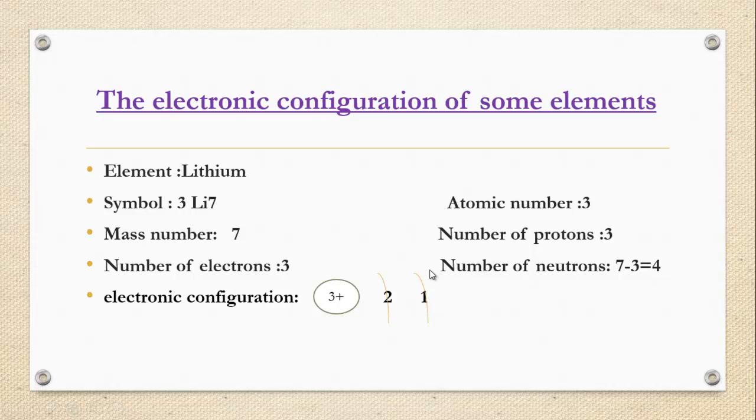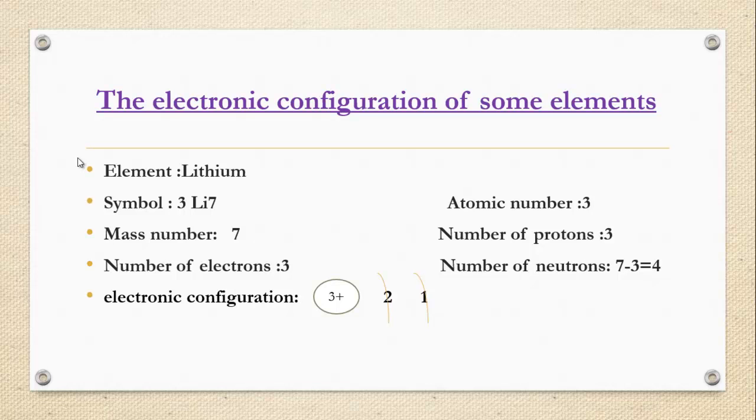Okay, how to calculate the number of neutrons? The number of neutrons equals the mass number minus the atomic number. Why? Because the atomic number is the number of protons. What about the mass number? The mass number is the number of protons plus neutrons.